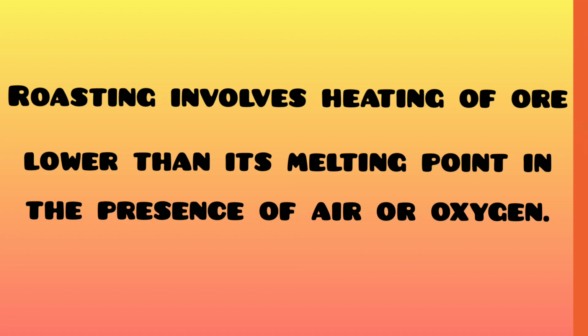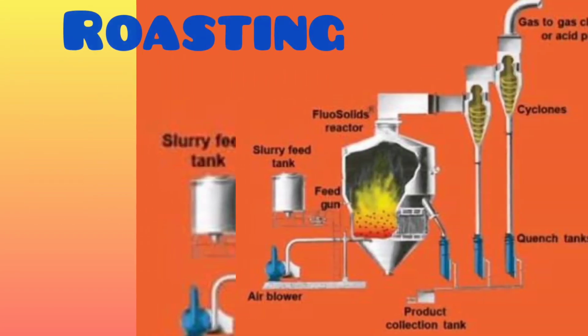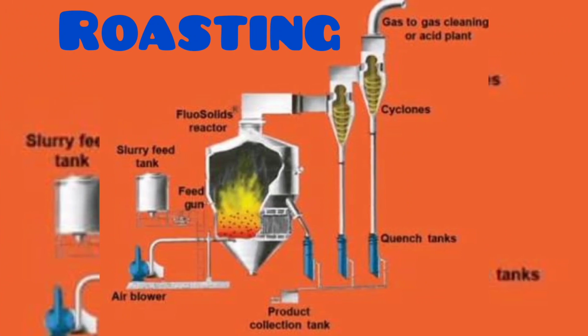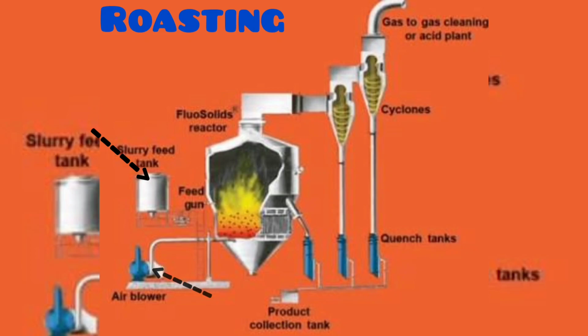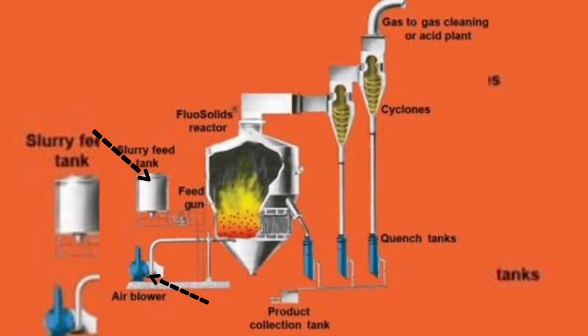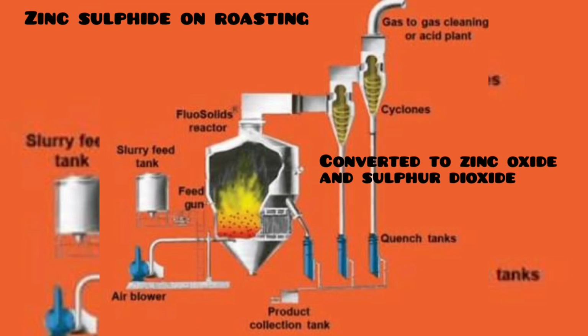Roasting is nothing but heating the ore at a temperature lower than its melting point in the presence of air. You can see the crushed ore is fed into the tank and the air is blown from the bottom. The ore is heated where it gets converted into the metallic oxide and sulfur dioxide.